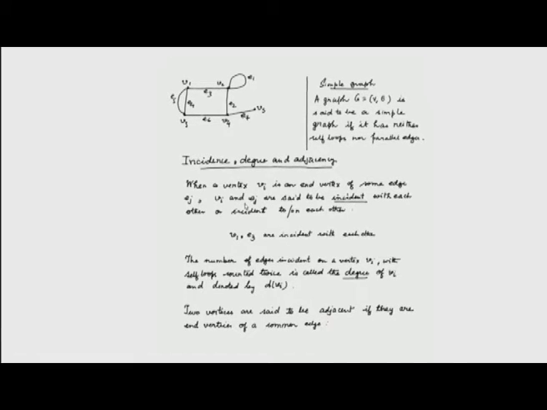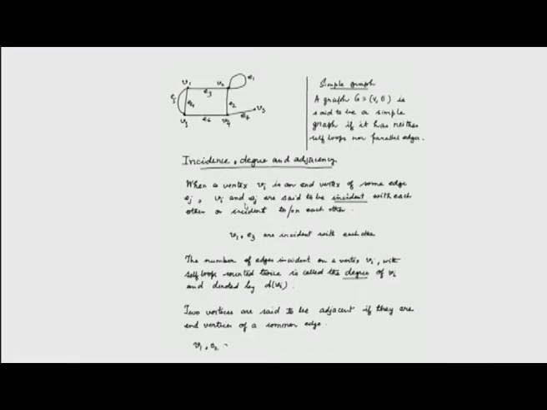Again, if we look at the graph above, we will see that V1 and V2 are adjacent to each other, because E3 is common to them.